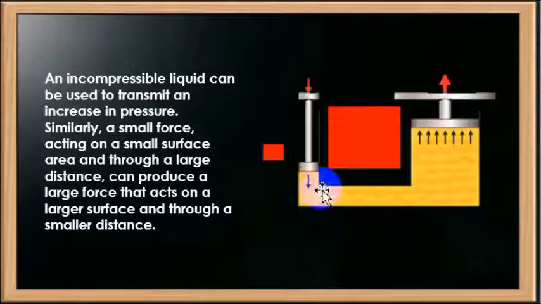What I have here in this graphic is a small surface, as it would look from the top down, and then a larger surface. This is a closed system, and we have an incompressible liquid. What does that mean? It cannot be compressed. So it's going to resist pressure, or if we apply pressure here, it's going to build pressure here.